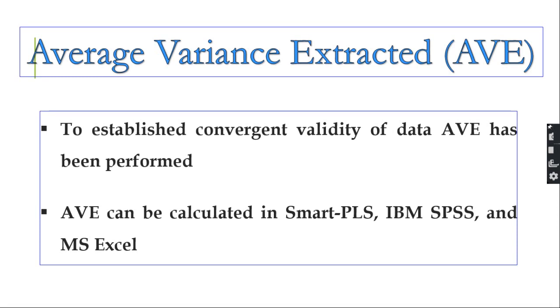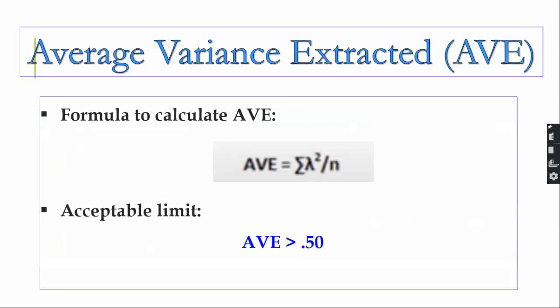Actually, we analyze the average variance extracted to establish the convergent validity in our data. Moreover, AVE can be calculated in Smart PLS, IBM SPSS and MS Excel as well. The formula is AVE equals the summation of lambda squared divided by n.